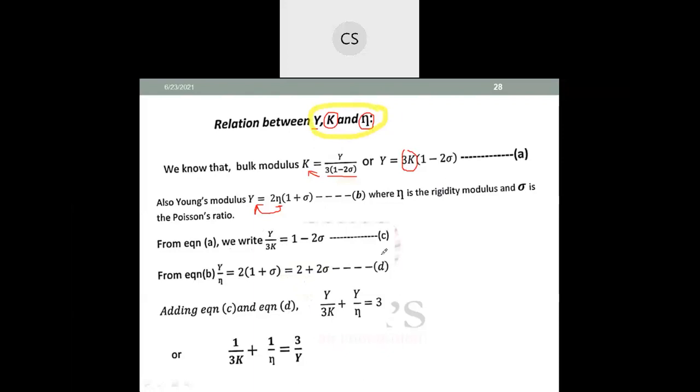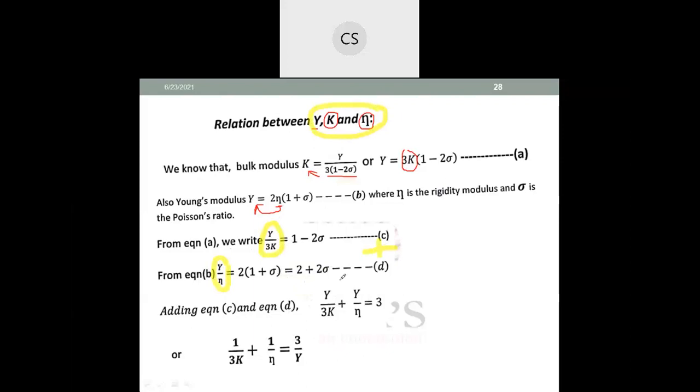So what we do is add C and D. On the left hand side we get Y by 3K plus Y by eta.